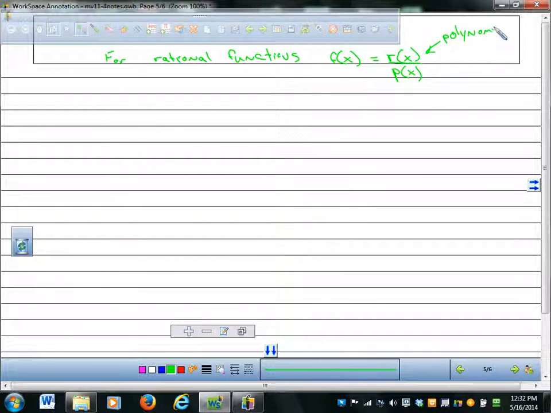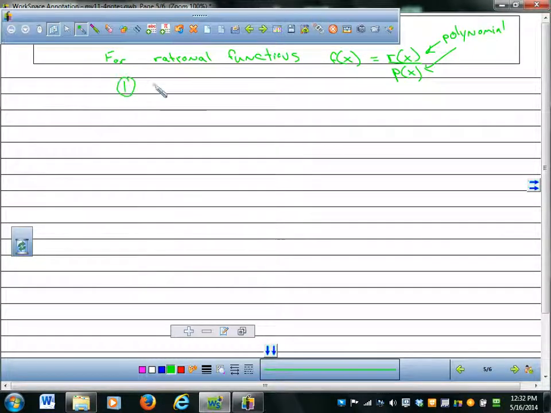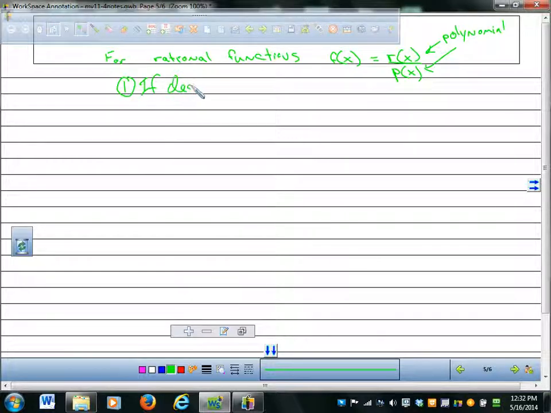A rational function is a polynomial divided by a polynomial, right? So the first rule is the same rule as for horizontal asymptotes. If the degree of the bottom is higher than the degree of the top, it's 0.